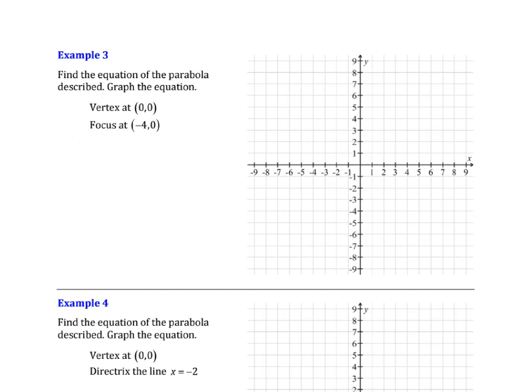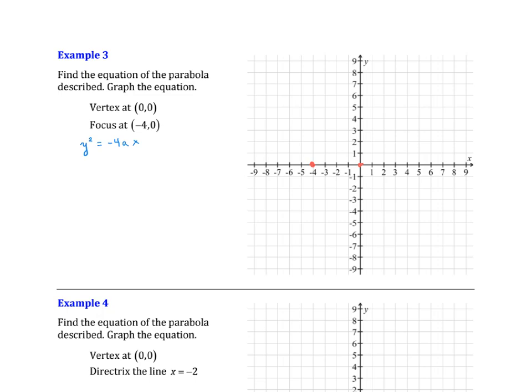So here we have a parabola that's described for us, and we need to come up with the equation. Here the vertex is 0, 0, and the focus is at -4, 0. This means that our parabola is going to open to the left. So since it opens to the left, we're going to have y squared equals -4ax.